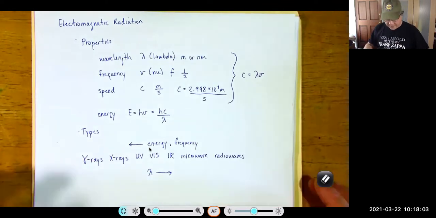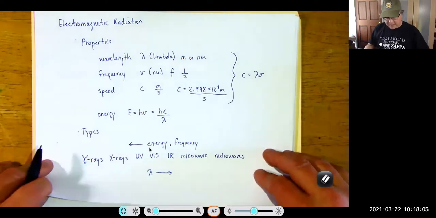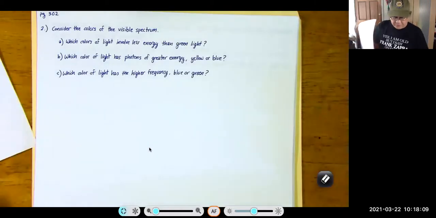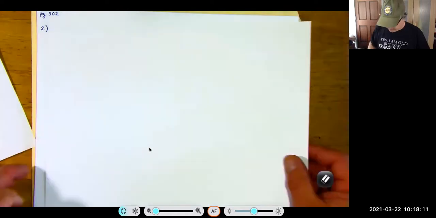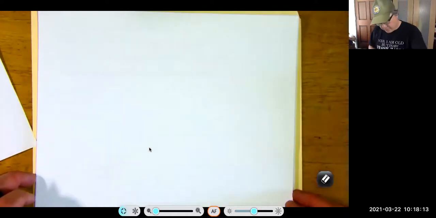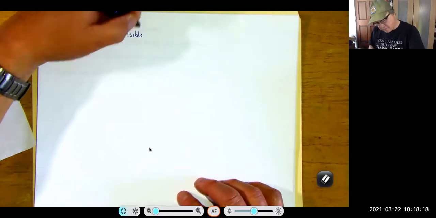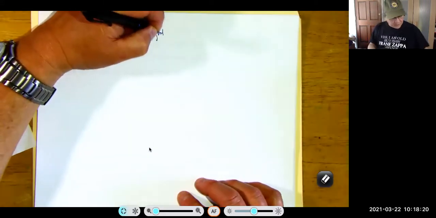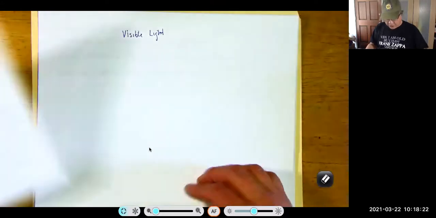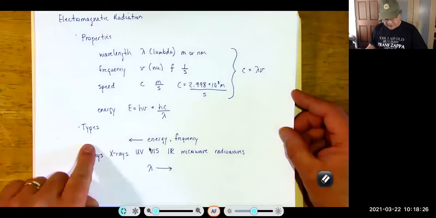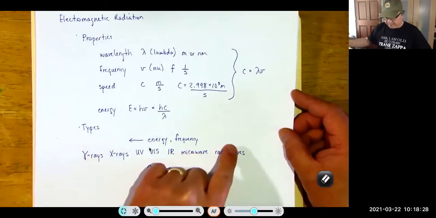Okay, let's take a look at the visible light in particular. And this is stuff that you should know. So I'm going to make it match this chart right here where we have high energy on the left and low energy on the right.